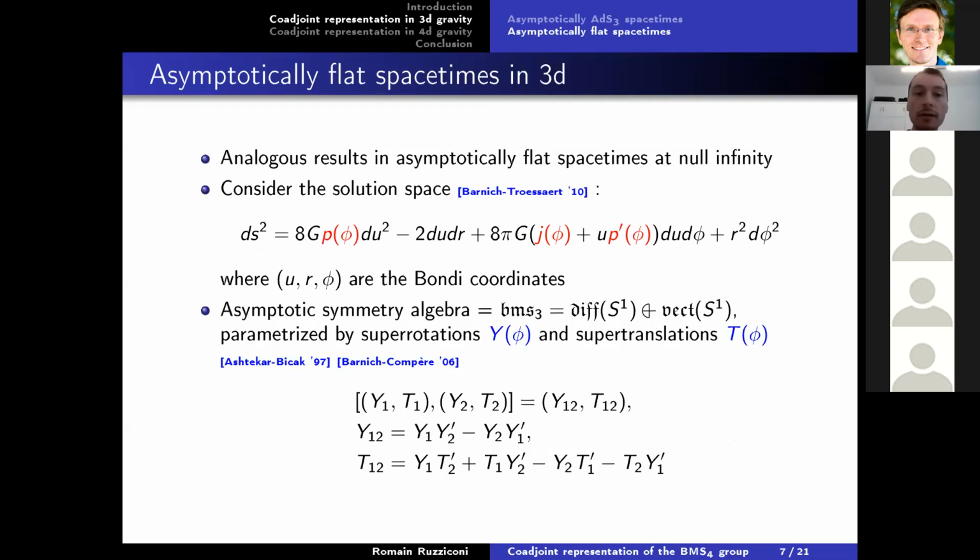So you have a similar discussion for asymptotically flat spacetime in 3 dimensions. So here you have this asymptotically flat metric written in Bondi gauge, and again parameterized by 2 functions. And the asymptotic symmetry group in this case is given by the BMS3 group, which is parameterized by the superrotations and the supertranslations.